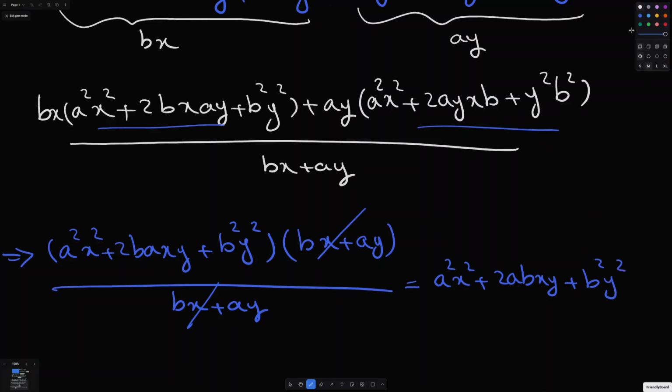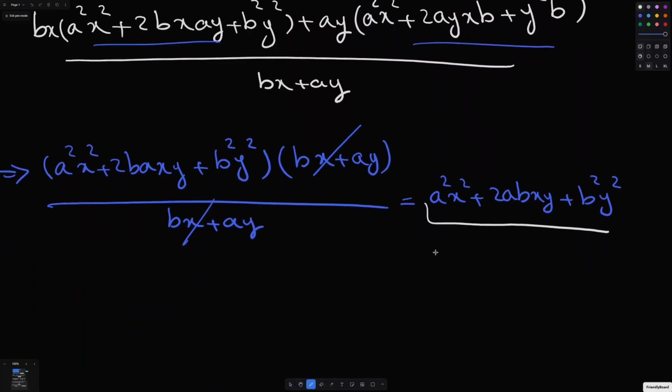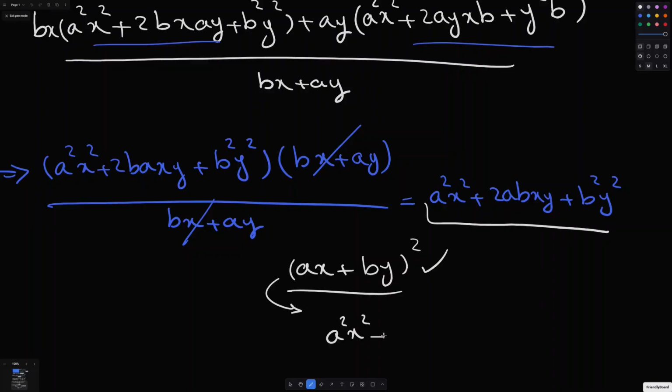And take a look at this. What is this? This is another identity. So what is this identity? You can simply see that this is actually rx plus by to the power of 2. Okay, so that's the solution, because if you solve this, you're going to see that this is r2x2 plus b2y2 plus 2 rx by, which is exactly what we have here.